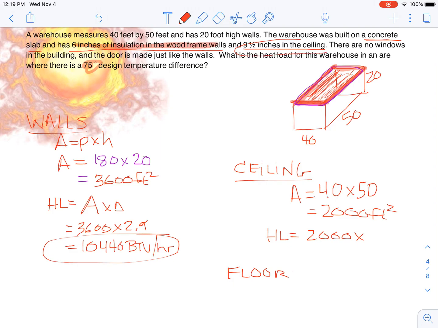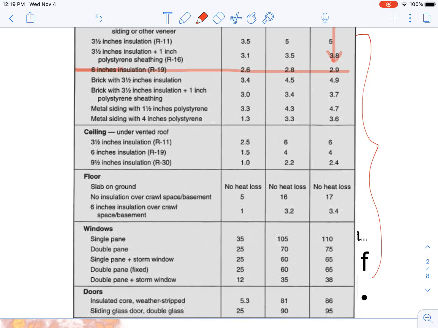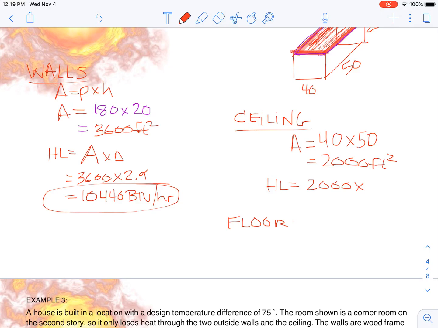So it says it has 9.5 inches of insulation in the ceiling. If we go back to our table here, here's the ceiling, 9.5 inches of insulation. We're still at that 75-degree temperature difference, so our coefficient is 2.4. So the heat lost for the ceiling is 4,800 BTUs per hour.